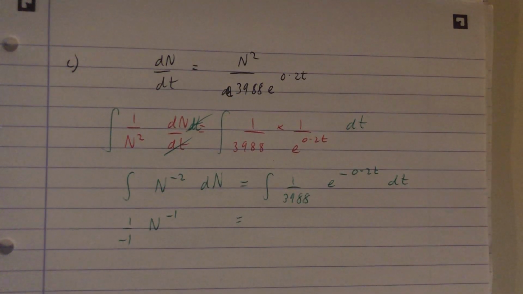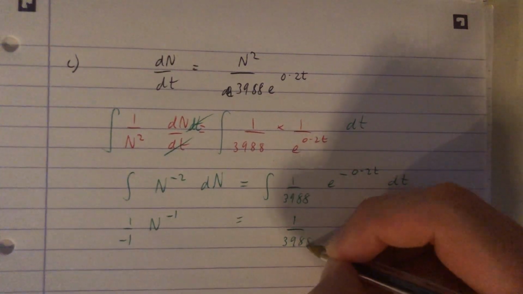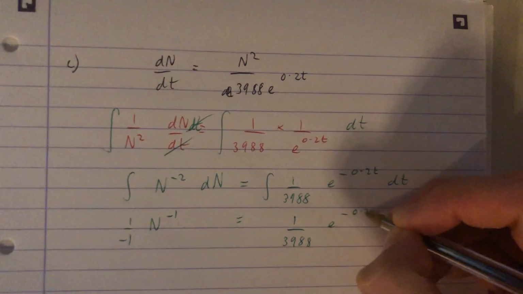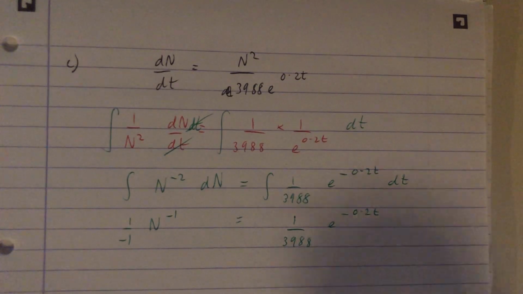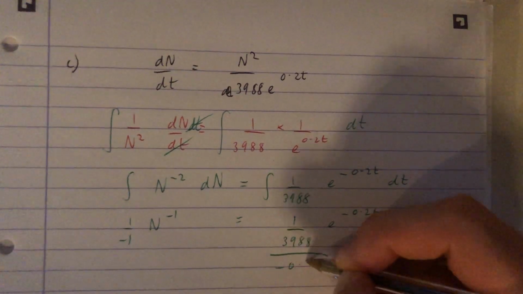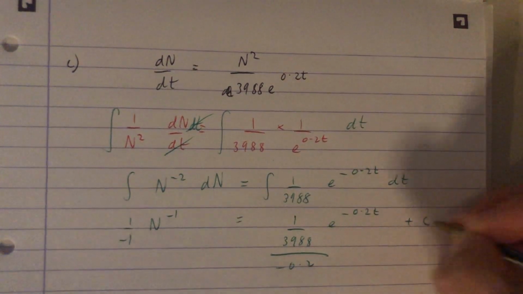E kind of integrates and differentiates to itself. But whatever this multiple is, in this case the multiple is minus 0.2, you have to divide by that. So you divide by minus 0.2. Remember the plus c.